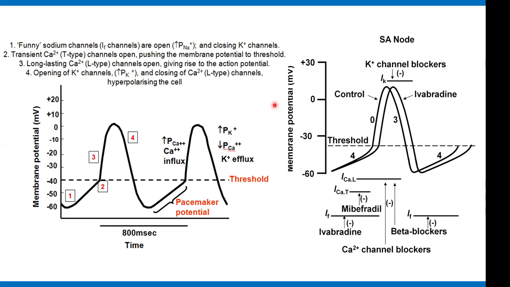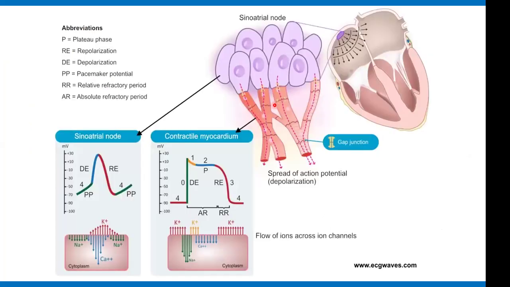Once ivabradine is given, it slows down the activation of the sinoatrial node, and that can lead to slowing down of the heart rate. In addition, calcium channel blockers also affect the calcium channels that are involved, and beta blockers are also involved. That is how come these are given to slow down atrial rates.